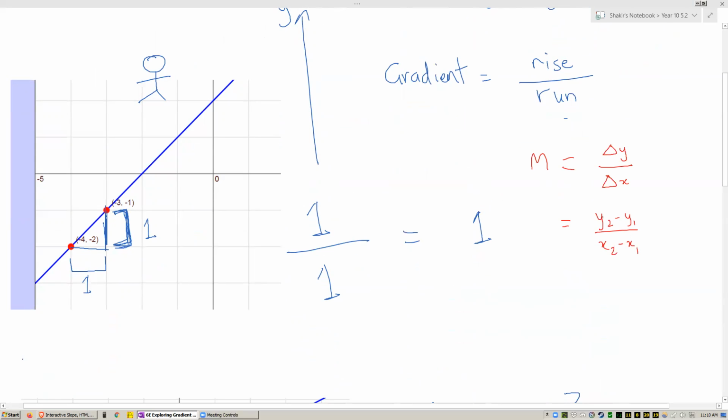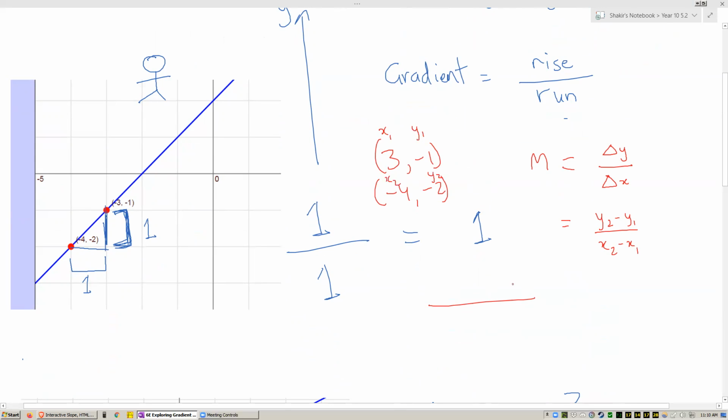And all it means is, see how you have 2 points over here? You have 3, negative 1, and you have negative 4, negative 2. Then this is X, this is Y. I'm going to label this X1, Y1, X2, Y2. So if you want to do it using algebra, you would say, what's Y2?